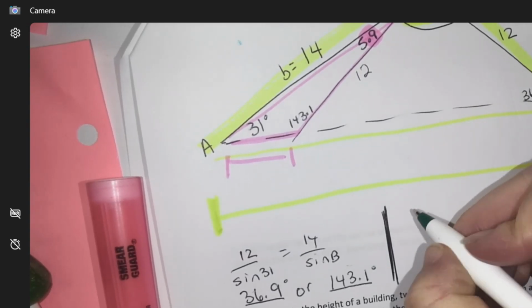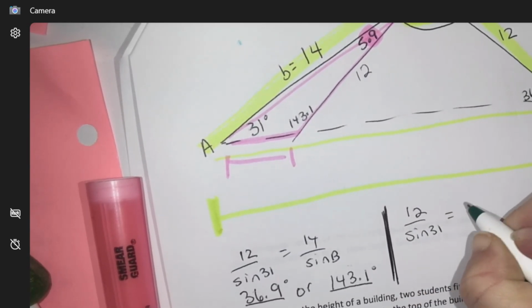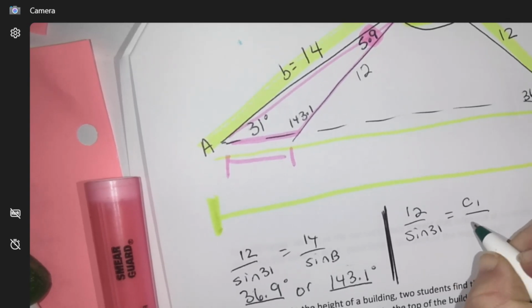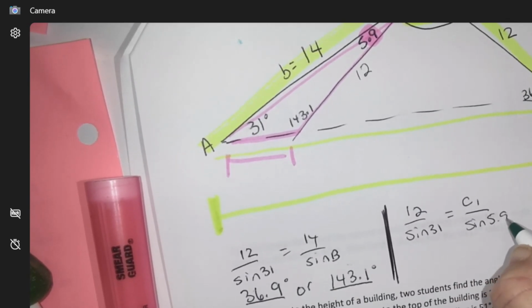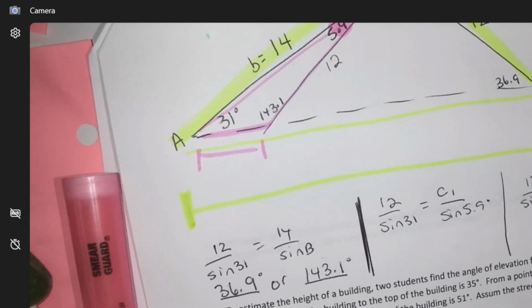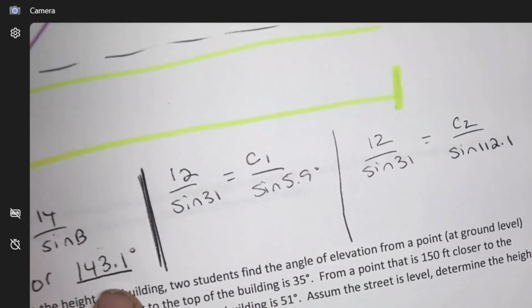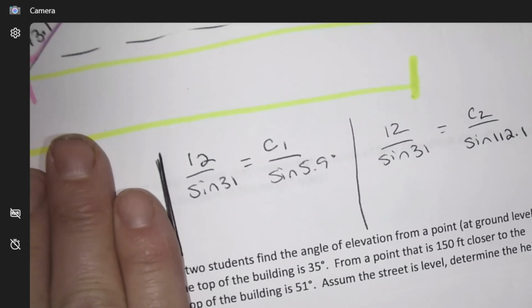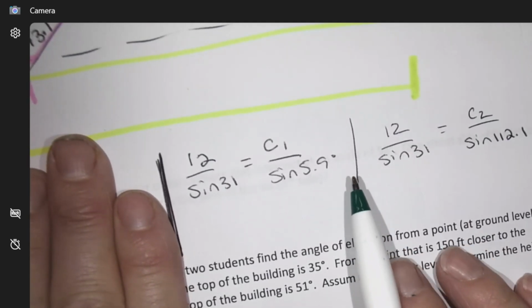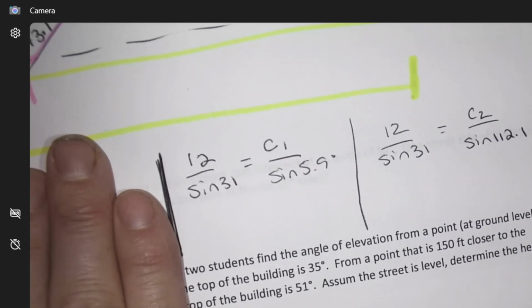Okay, so we're going to go the same originals. 12 over sine 31 equals C1 over sine 5.9. So I'm doing the exact same thing and then putting C over the option of the 5.9 or the 112.1.